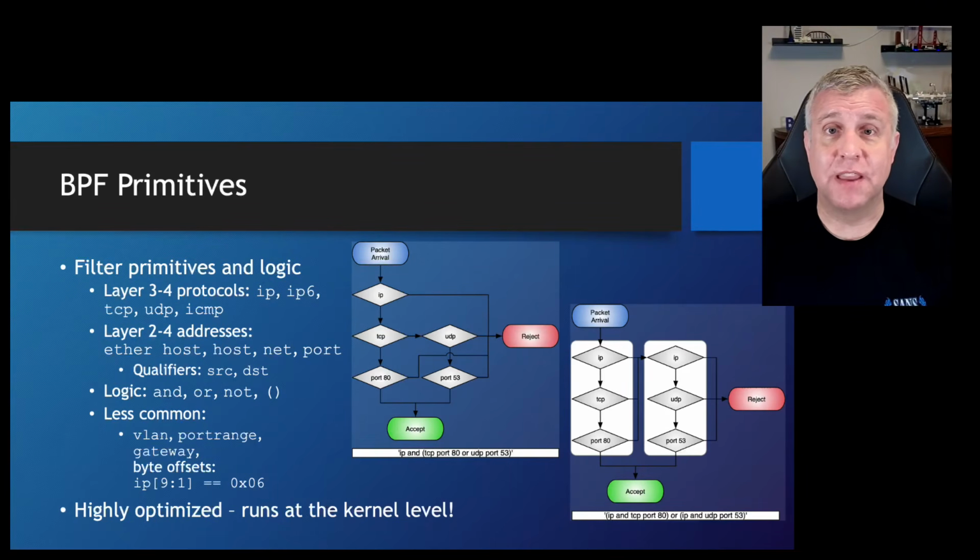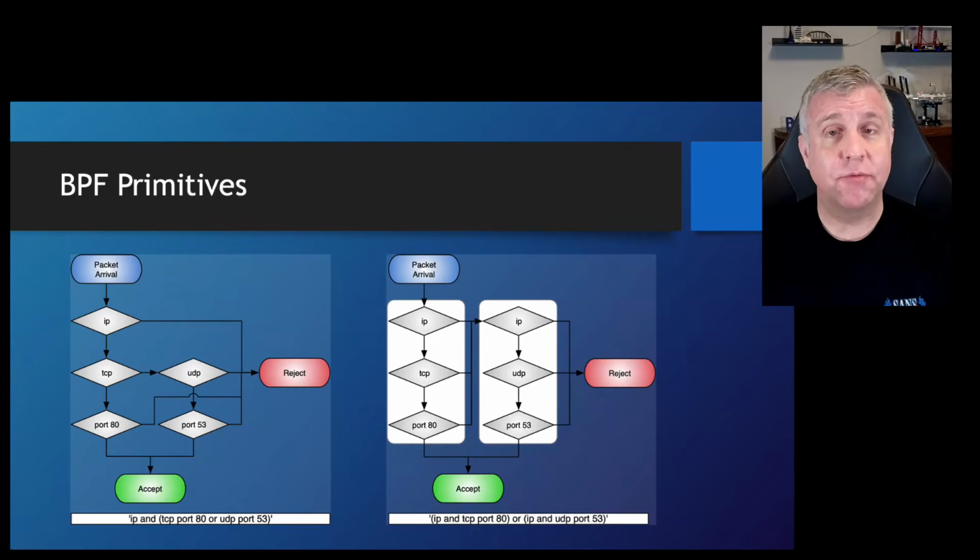If you look at these two examples over here on the right-hand side, these are exactly the same end result. And I've got the BPF written down below each of the flowcharts. And as you look at those two, you might say one or the other represents something that's a little bit more intuitive, that clicks a little bit better with you. Neither one is right, neither one is wrong.